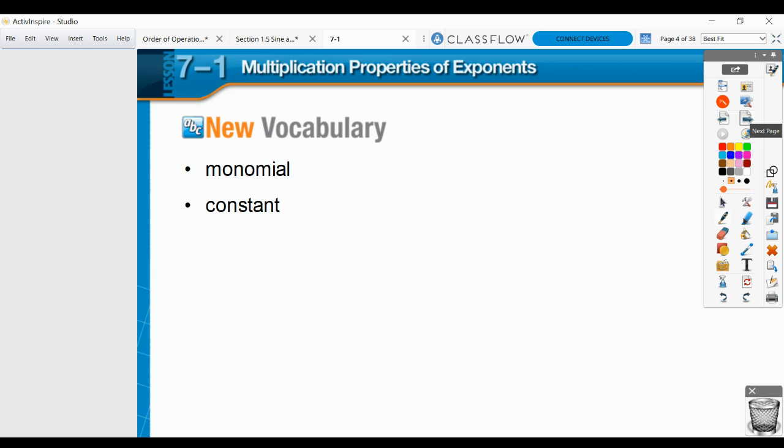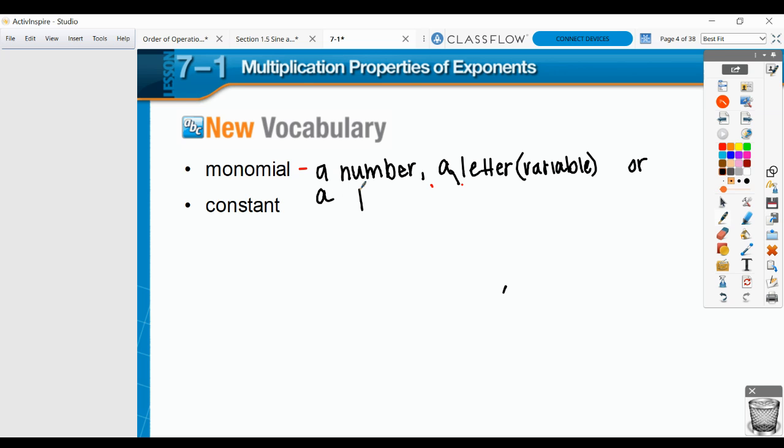So the first thing we need to talk about is vocabulary. The first vocabulary word is a monomial, and that is a number, a letter, which is a variable, or a product of a number and a variable.